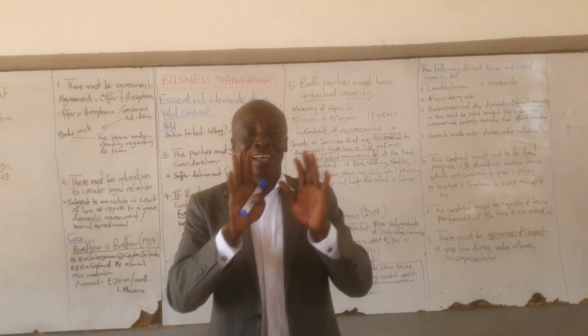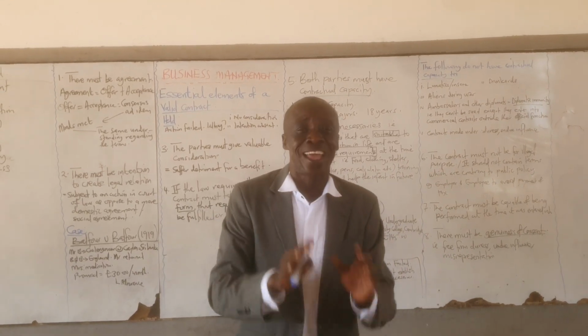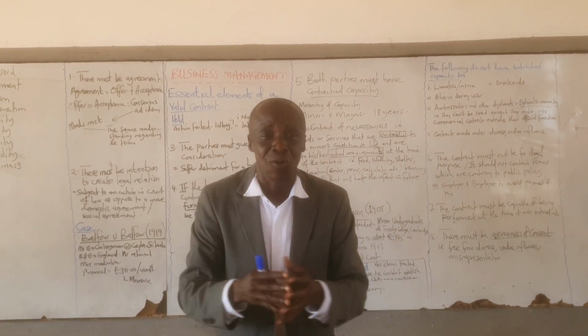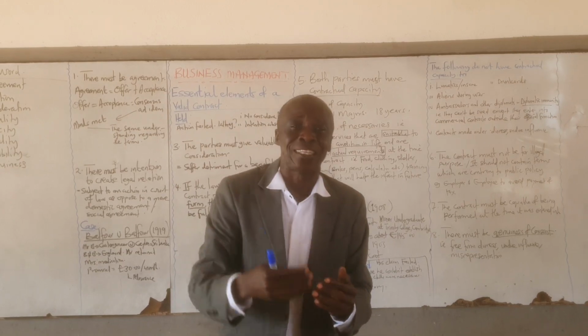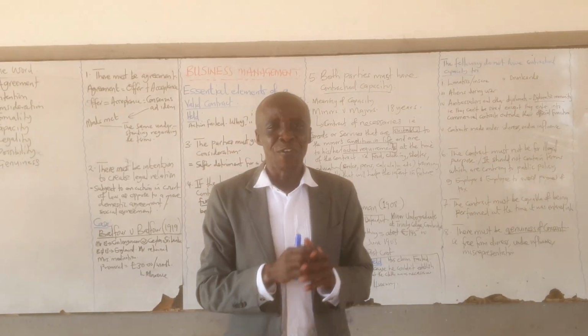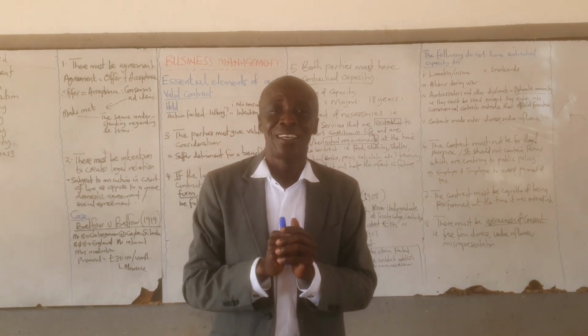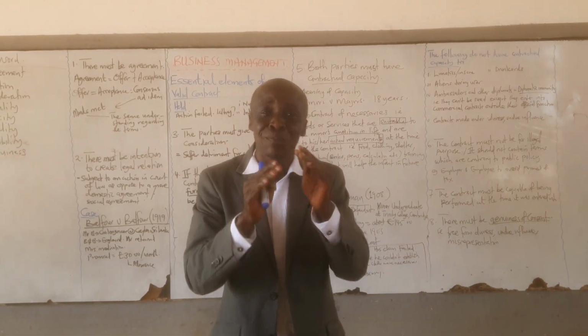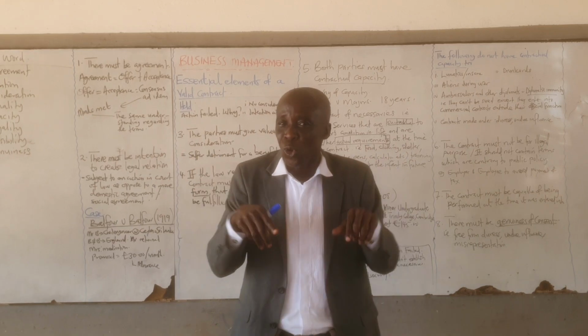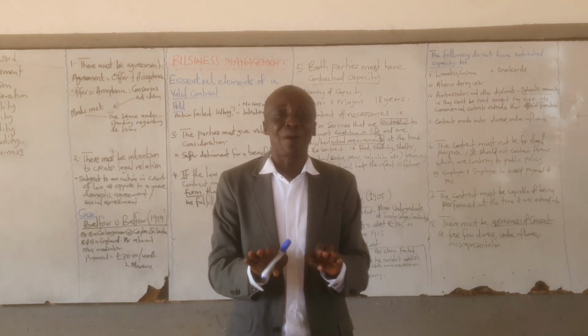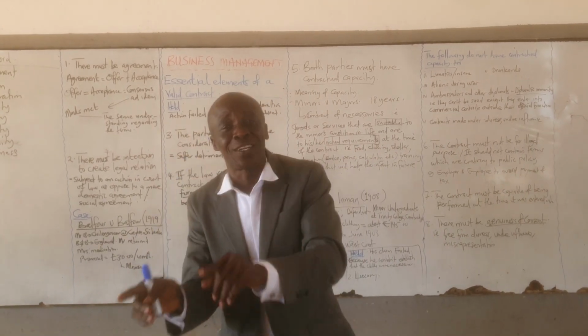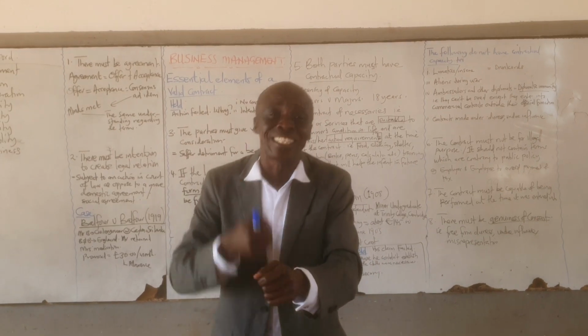Okay, a husband and a wife were there. A husband had promised the wife, I will give you this thing. Every reasonable person will know that at the time the husband was making that promise, the wife was not thinking that if the husband failed to fulfill that promise, she would sue the husband.